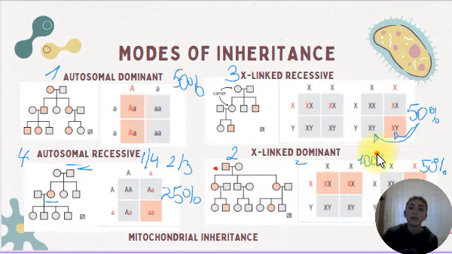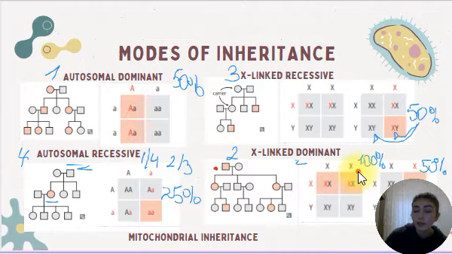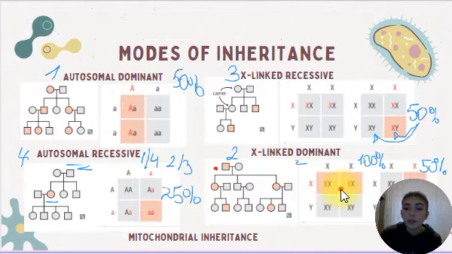In 100% of cases, if these parents have a daughter, 100% of these daughters will be affected if the father has the disease, right? So let's look at what happens if the mother is affected. Let's say the mother is affected with the disease. So she's sick because it is dominant. She passes one X to her daughter and one to her son.